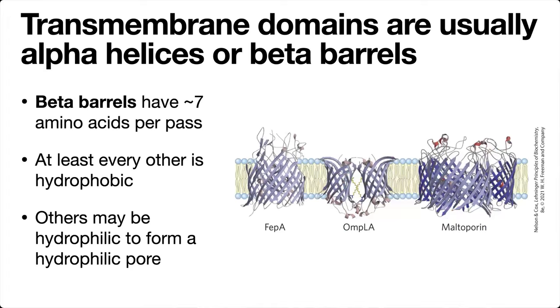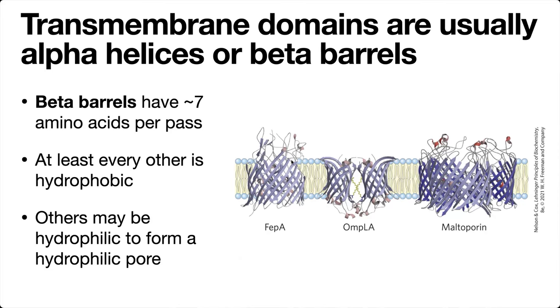You can also have pores made up of beta barrels, and again, it's where we have multiple beta strands forming a pore, not a single beta barrel forming a pore. They typically have about 7 amino acids per pass because things are more spaced out in one of those beta strands than in an alpha helix.